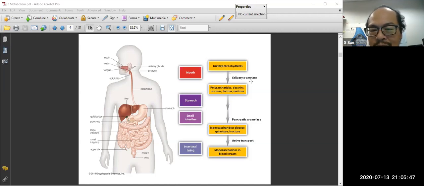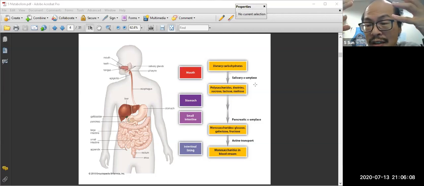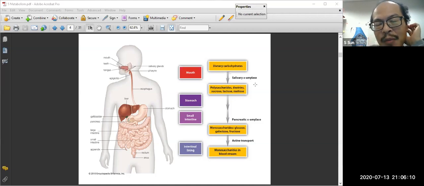an enzyme. The picture here shows an example of carbohydrate digestion. Here we have the saliva with alpha amylase to break the starch apart. Starch is a polysaccharide, so we break it apart.